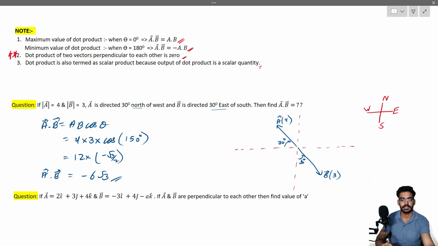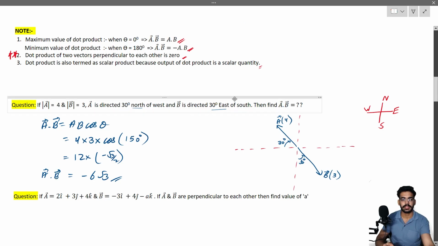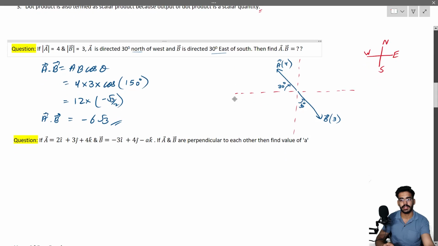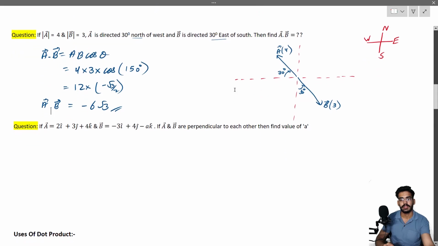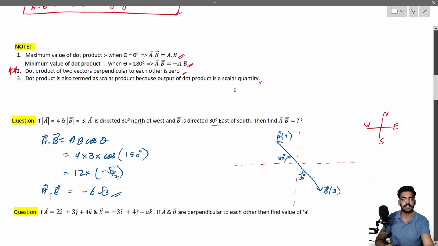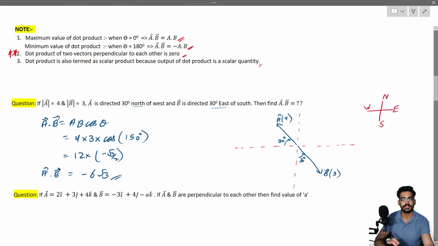That's how you calculate. Next question: if a vector equals this and b vector equals this, and a and b are perpendicular to each other, find the value of a. We have already seen this in the second note, and I told you it is very important.